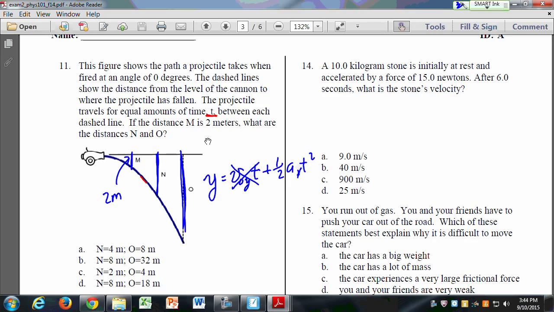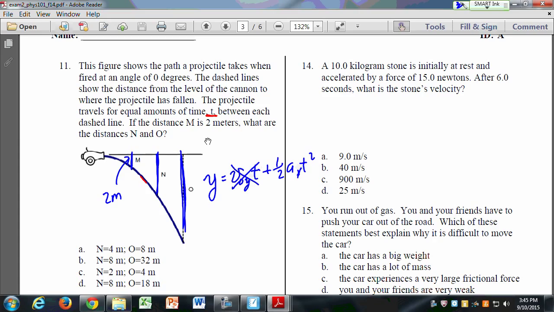And then over here, what happens to my time? How much more is it? I have 1t, 2t, 3t. So here my time is tripled. So what is going to be my new distance? 18 is right. Right, because I have 3.